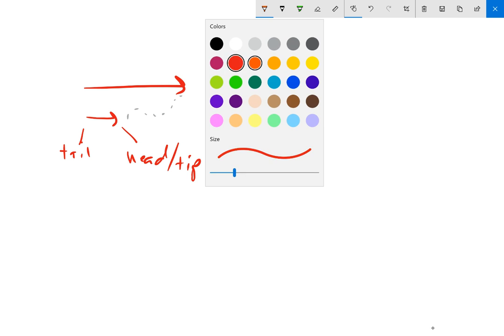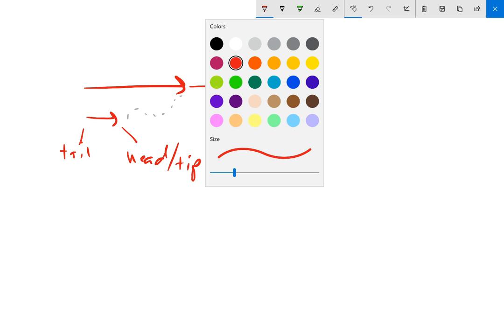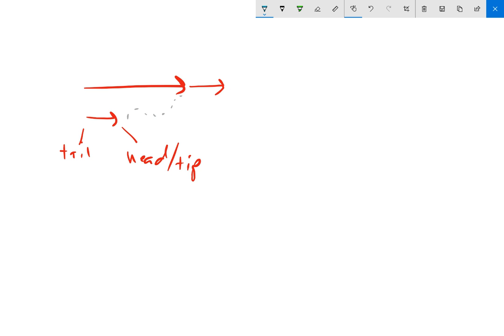Actually, that's orange. It's not red. And I'm going to draw that same vector right next to it. Great. They're both heading the same direction, so the vectors are going to add. So I'm going to, in blue, create my resultant vector. That's the vector you get when you add other vectors together. So resultant.